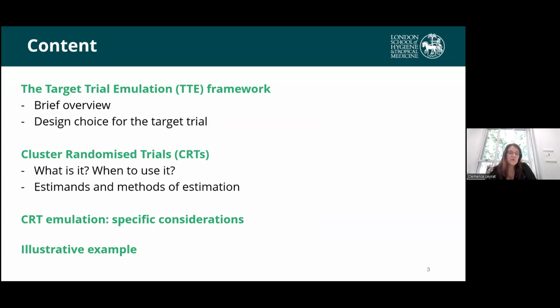I will also introduce cluster randomized trials, talk about when they are useful, and spend quite a lot of time talking about estimands for cluster randomized trials, especially now that we have a new estimand framework for cluster trials, so that's exciting. Then we'll talk about specific considerations for target trial emulation in this context, and I will finish with an example.